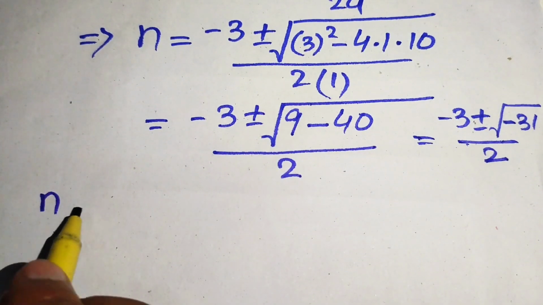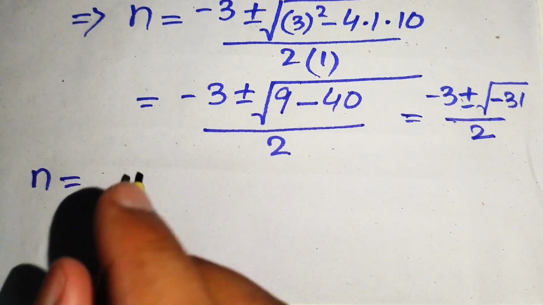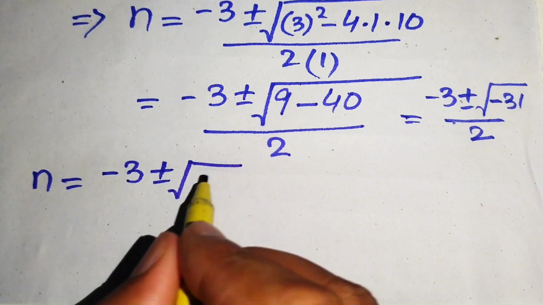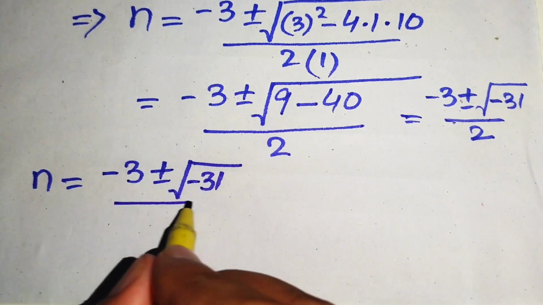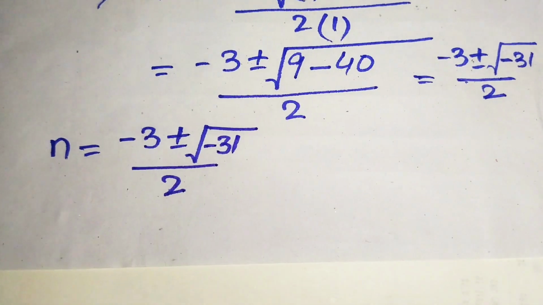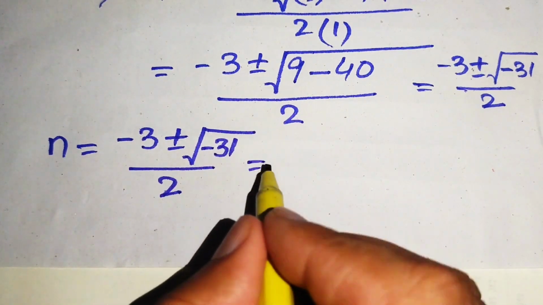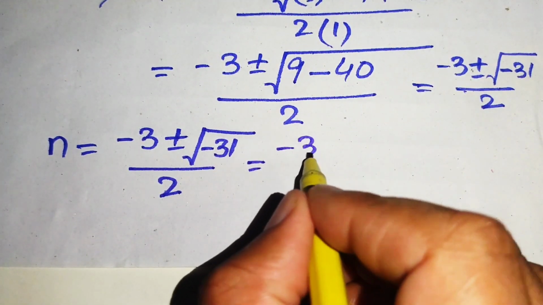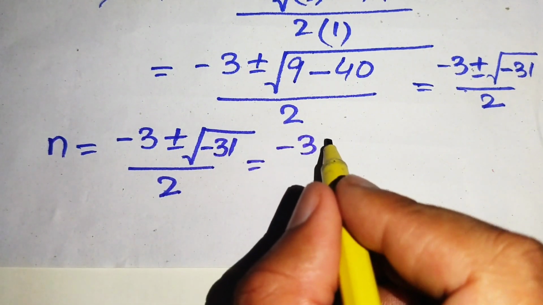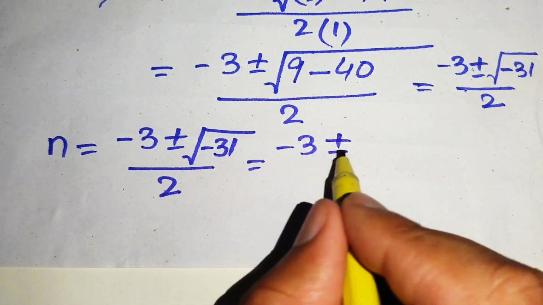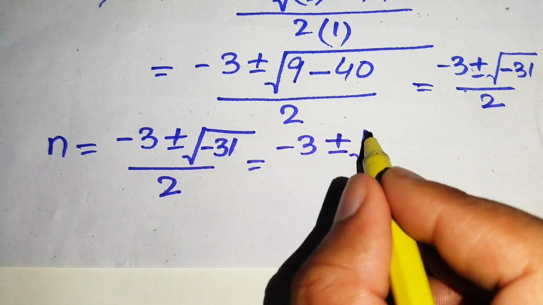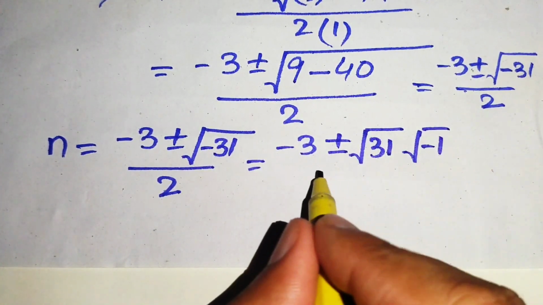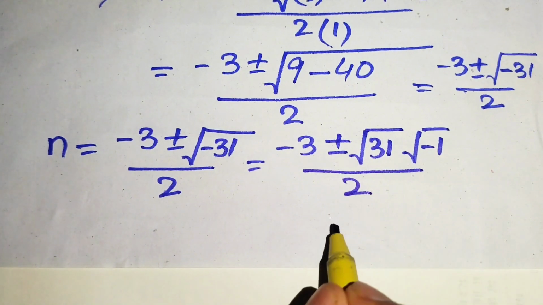So the two values of n are minus 3 plus minus square root of minus 31, divided by 2. Here you see that we have a negative sign inside the square root, so we separate this negative sign and write it as minus 3 plus minus square root of 31 times square root of minus 1, divided by 2.